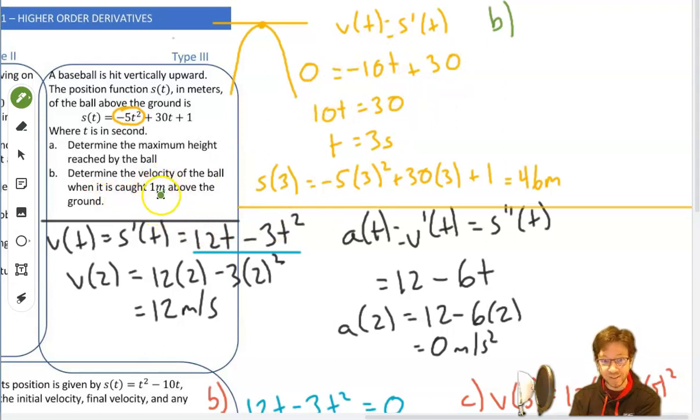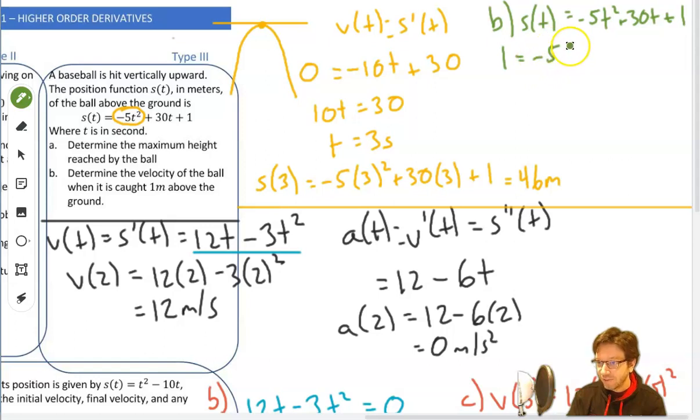Well, since I know where it's caught, I can look at the position function, s of t, which we know is minus 5t squared plus 30t plus 1. It's caught 1 meter above the ground, so let me set that position function equal to 1. So I'm going to write 1 equals minus 5t squared plus 30t plus 1.